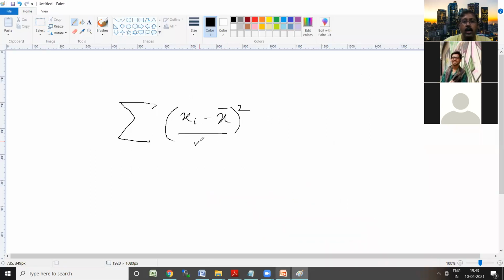Now if I look at a specific data set, for each of the observations we have to calculate xi minus x bar, the mean value. So we first need to calculate the mean value: summation of xi by n. Then for each observation, we calculate xi minus x bar, and then we square that.